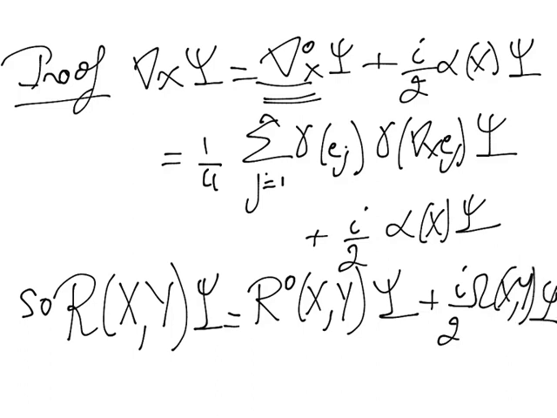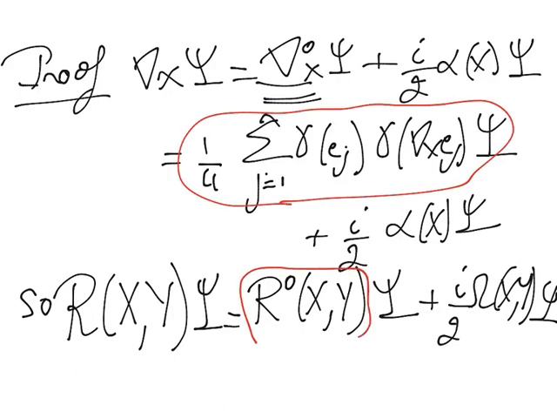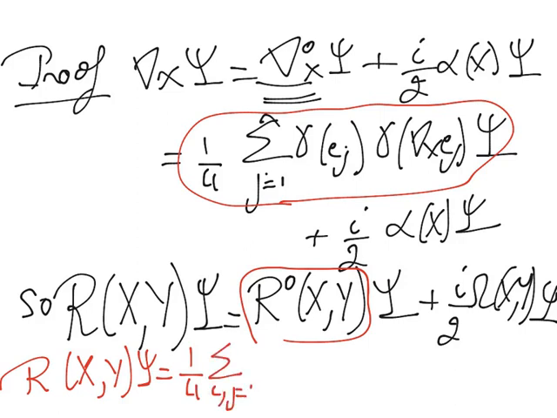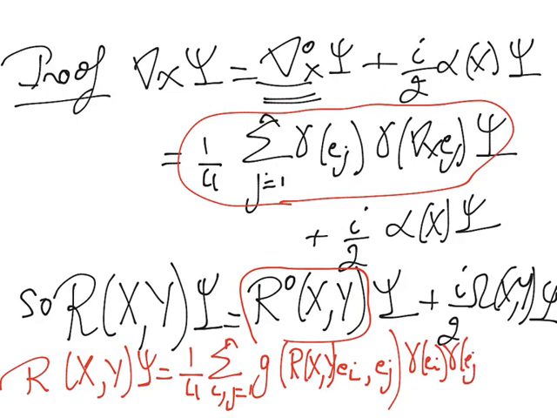And of course, because we know the local expression of nabla x 0 psi, one can calculate R0 of x y, and it's easy to find that R0 of x y is 1 over 4 sum over i, j from 1 to n, the Riemannian curvature of x y, R of x y applied to e_i e_j, gamma e_i, gamma e_j of psi, and of course plus this term i over 2 omega x y of psi.